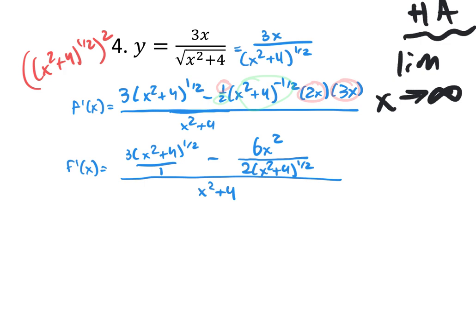Now, again, I notice here that this is like a 6 and then this is a 2. I could go ahead and reduce that if I wanted to. I don't feel like rewriting it, so you can erase that and simplify that if you wanted to. I'm just going to leave it there for now and wait until the very end. But I could see you just taking that 6 and 2 there and dividing it out. But I'm not going to do that just yet.